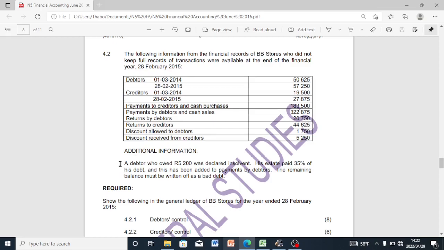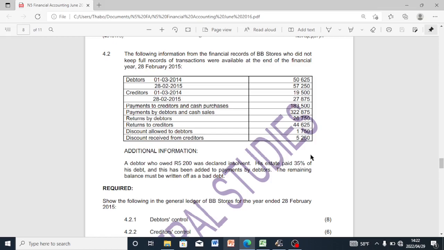And then on our additional information, a debtor who owed 5,200 was declared insolvent. His estate paid 35% of his debt, and this has been added to payments by debtors. The remaining balance must be written off as bad debt. So we are going to take the balance, which is the 65%, the remaining balance that should be written off.